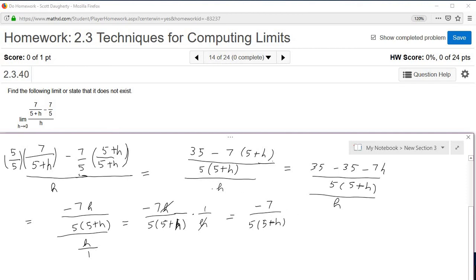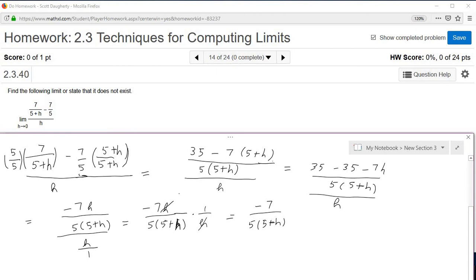Okay, so what I've done is I've taken this original function, 7 divided by 5 plus h minus 7/5 divided by h, and I've rewritten it in a different form so that it now is minus 7 divided by 5 times 5 plus h. Now those are equal, right?